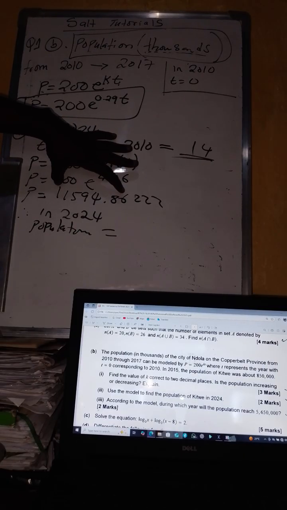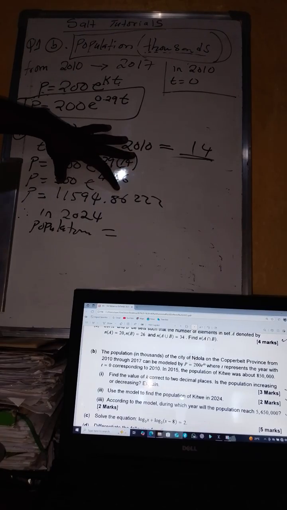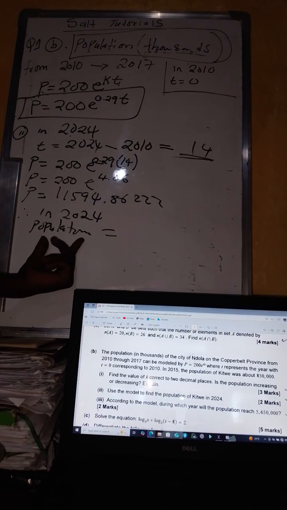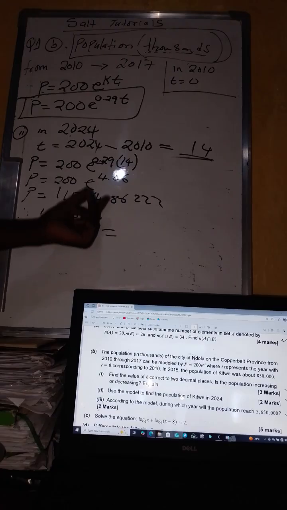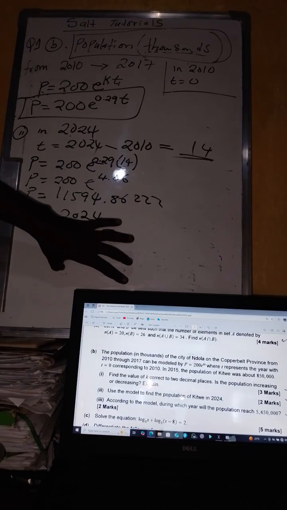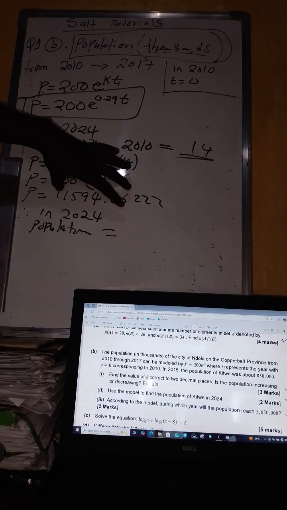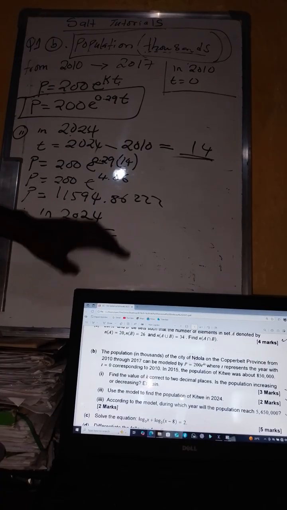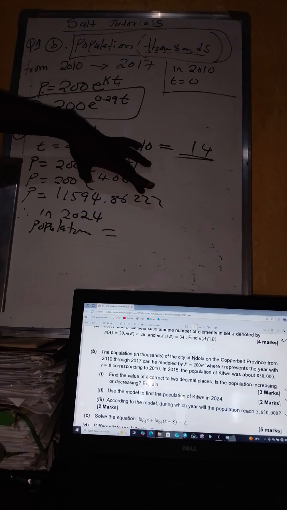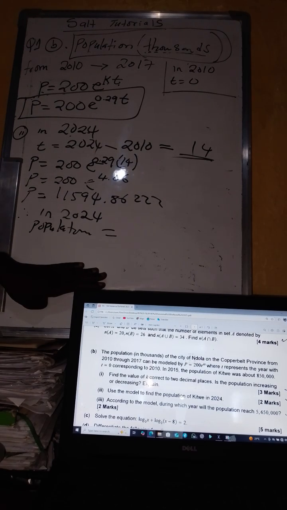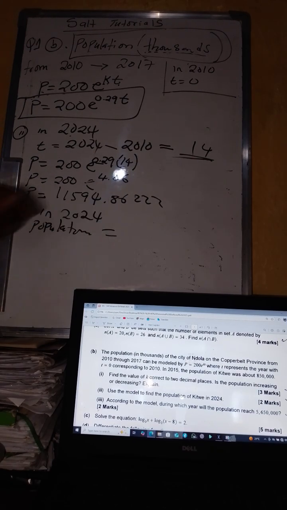We multiply this by 1,000 for us to interpret the population which is in 2024. Remember in the first place we said if we're entering the population in the model, we divide by 1,000. But if we're interpreting the population for that year, we multiply the population which is coming from the model by 1,000.